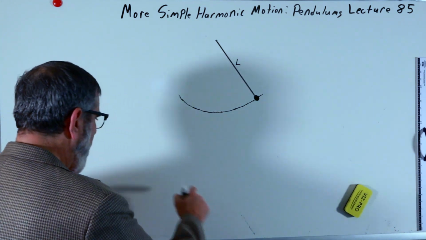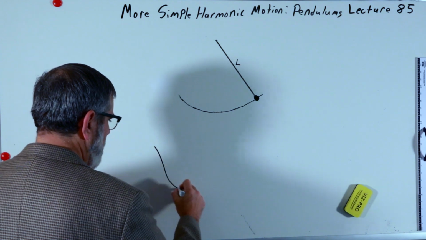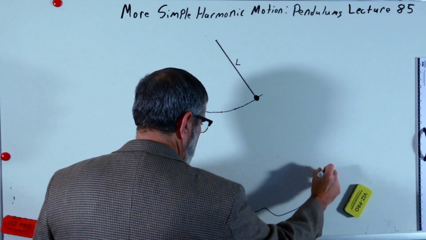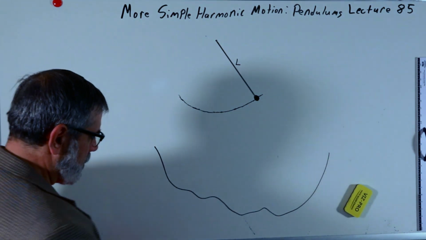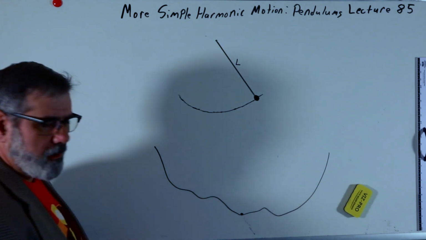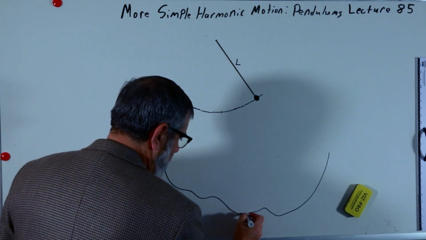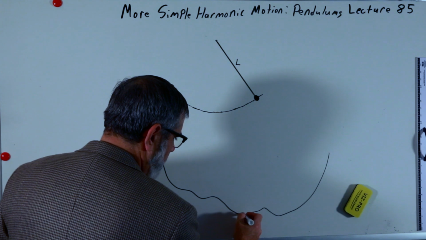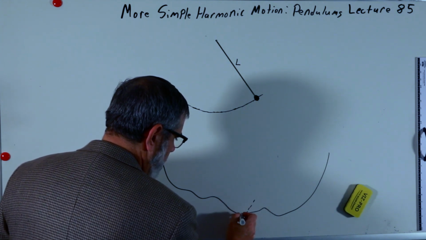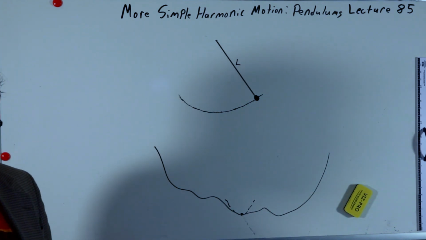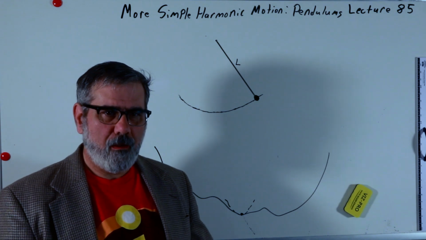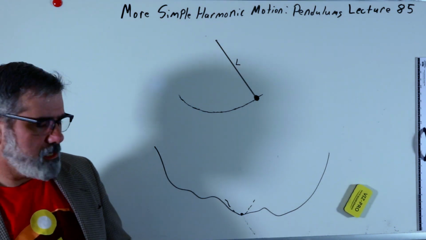So in general, if you have a potential energy surface, let's just say it's something like this, and you find yourself at some point in here, you can always approximate the potential right around this minimum as a parabola. And as a consequence, you can get simple harmonic motion there.